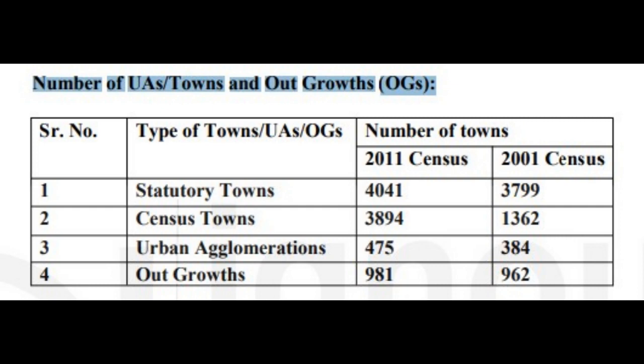Mining towns. These towns have developed in mineral-rich areas such as Dhanbad, Raniganj, Jaria, etc. Industrial towns. Industries is the mainstay of these cities such as Mumbai, Coimbatore, Jamshedpur, Bhilai, etc. Administrative towns and cities.